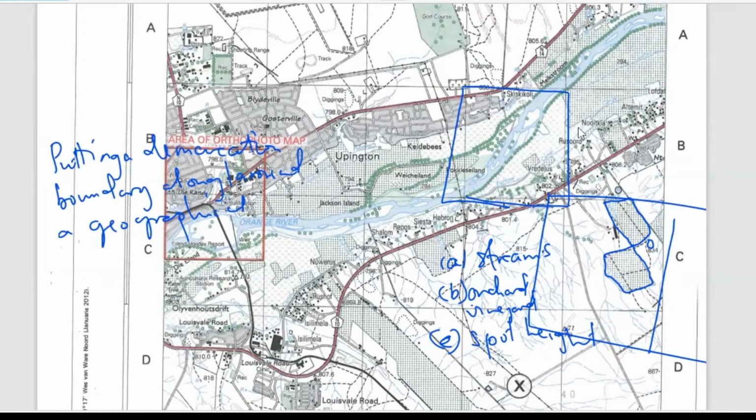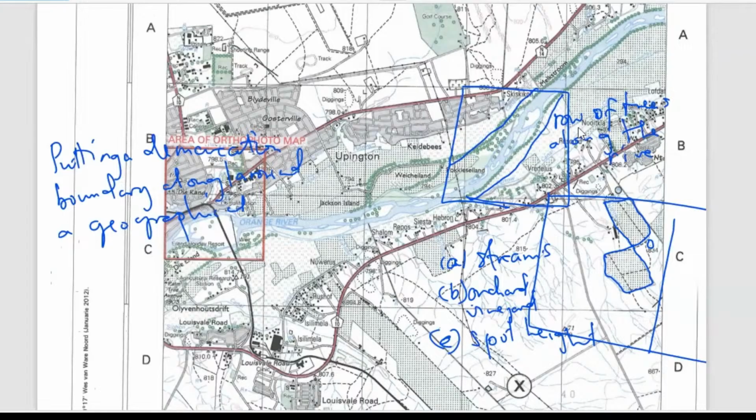If we check, the river has been buffered. There is a boundary here, and there is buffering happening. So the evidence is that there are rows of trees along the river.